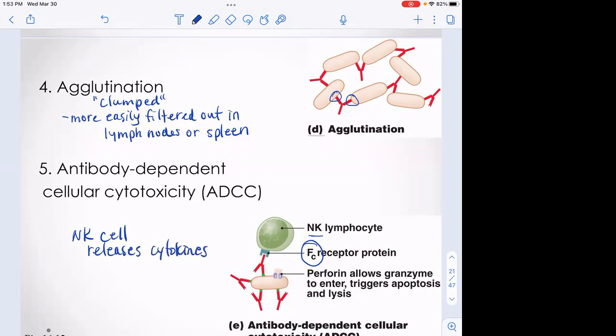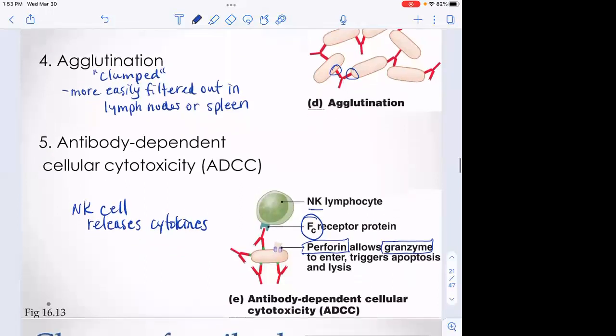Those two cytokines, perforin and granzyme, are the same mechanism that cytotoxic T cells sometimes use to kill virally infected cells. We're going to come back to that later, but it's the same mechanism that natural killer cells can use when they've been stimulated to do that by recognizing an antibody.